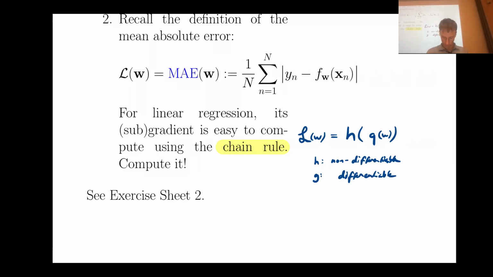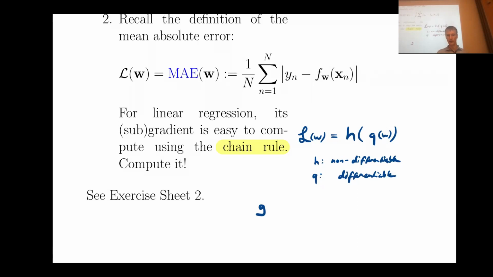So yeah, what would you do? Okay, I have a bit of a notation mess here. Sorry, the inner function is called q, not g. Okay, I understand h and q.